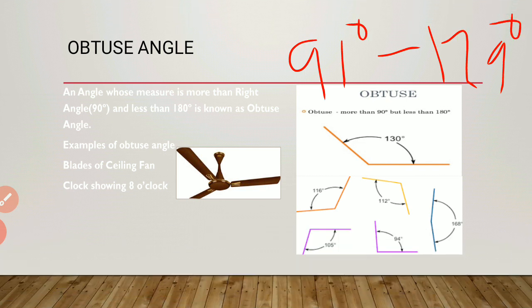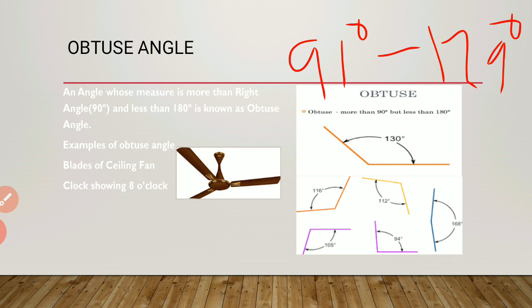You can see in this picture some examples of obtuse angles, and all the angles from 91 degrees to 179 degrees are obtuse angles. You can see the blades of a ceiling fan making more than 90 degrees, that is an obtuse angle. And when the clock shows 8 o'clock, it makes an obtuse angle.